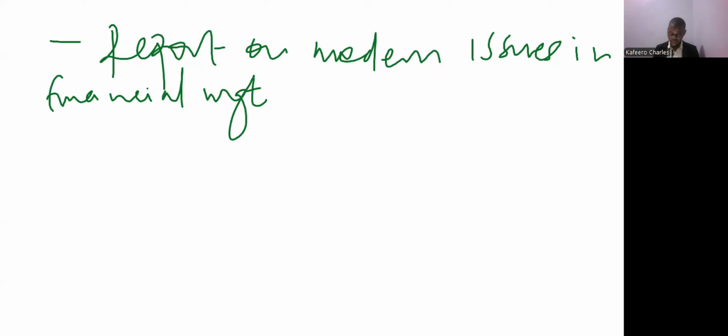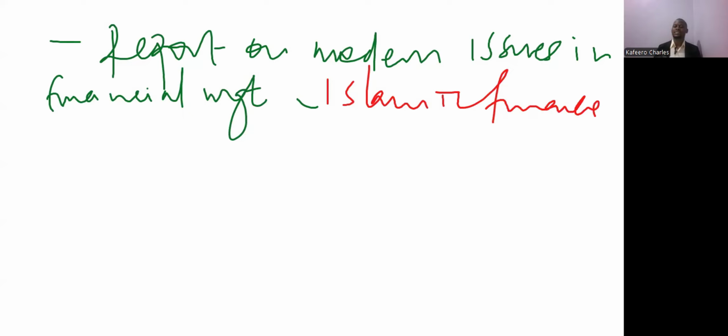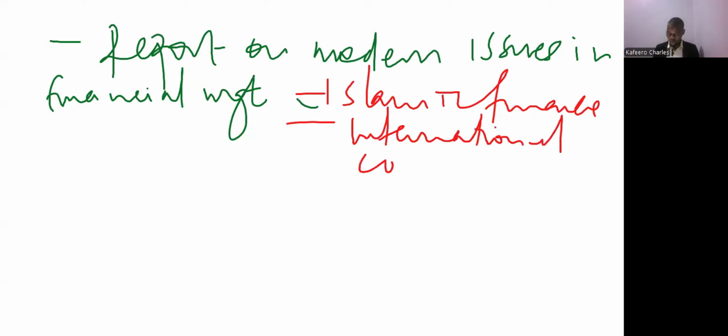The new things that we have are things to do with Islamic finance. It has been here, but it is something new. Practicability in Uganda, something new. They have also introduced, as per the paper, other things of international concern.